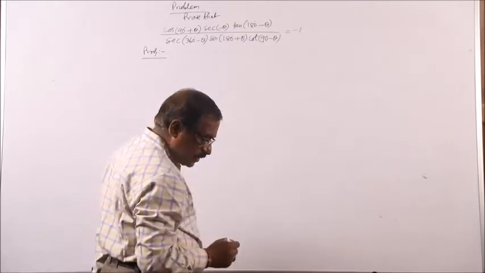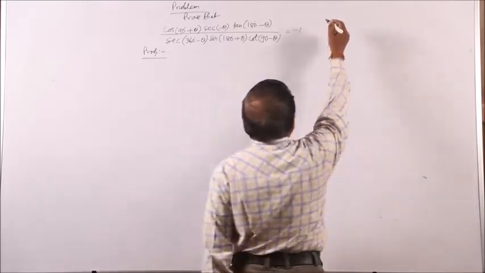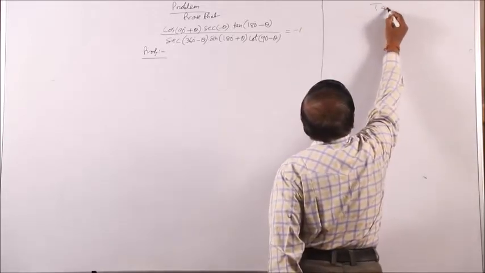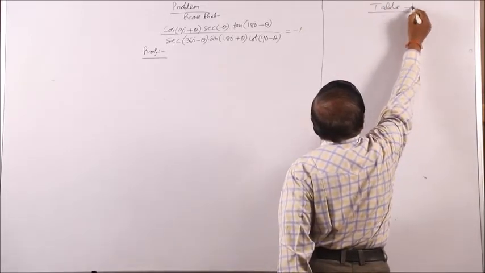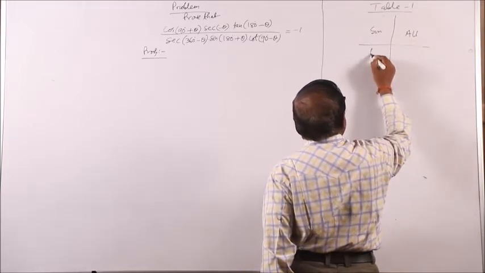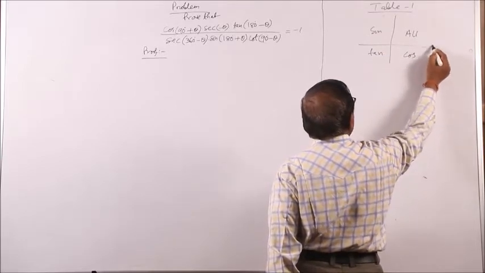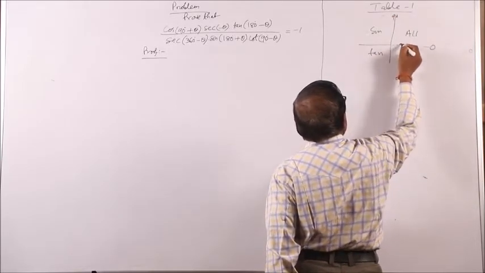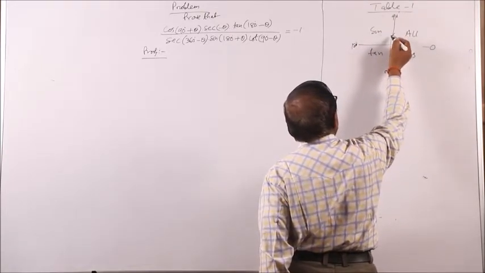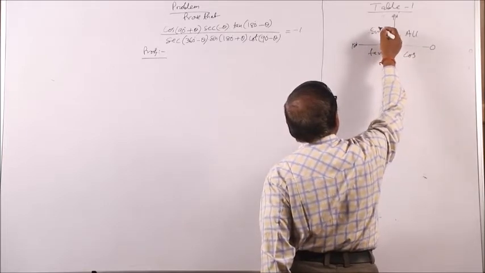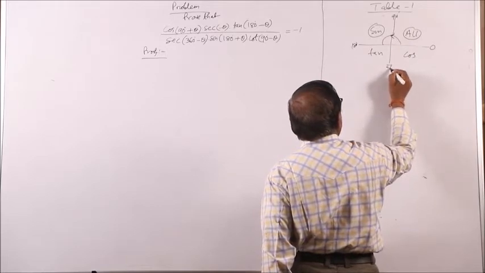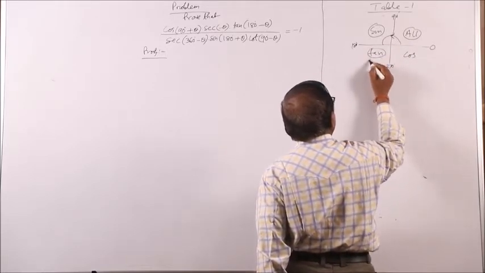In the previous class, I told you I have drawn two tables. This table 1 is all sin, tan, cos. That means from 0 to 90 degrees, all the trigonometric ratios are positive. From 90 to 180, sin is positive, and simultaneously cosec is positive. From 180 to 270 degrees, tan is positive, that means cot is also positive.